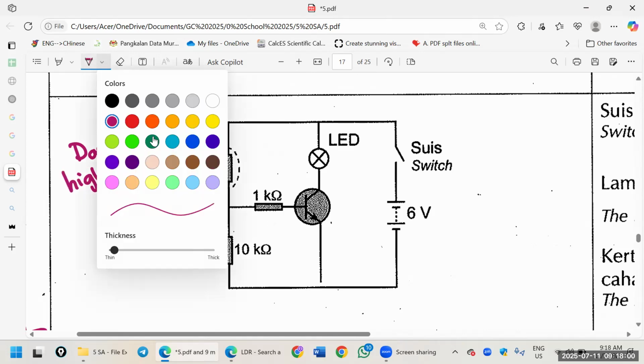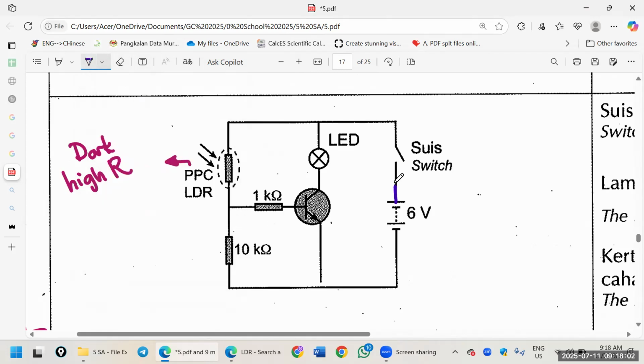So now the current flows to here. Does it go left, or go down, or go both?